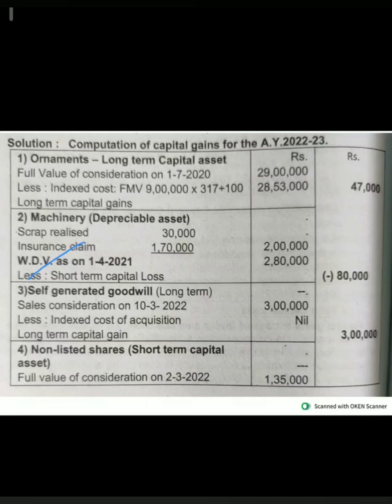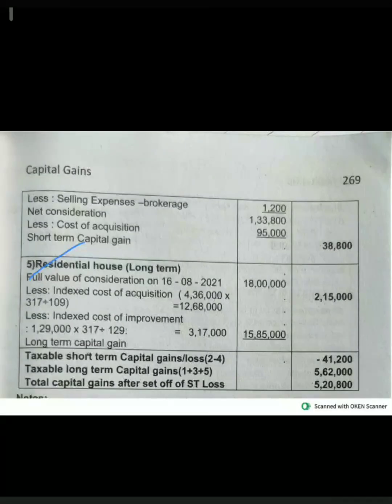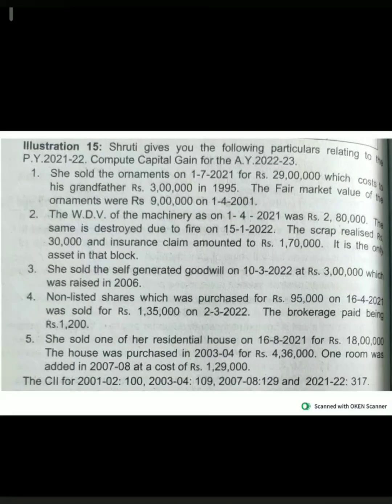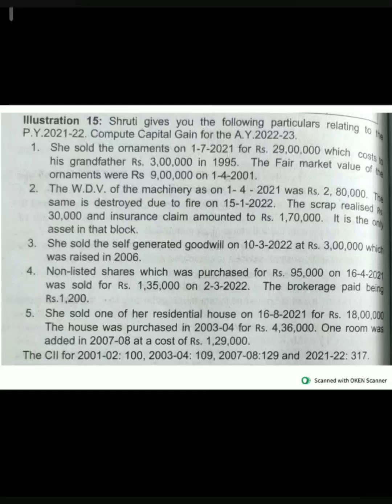Full value of consideration 1,35,000 less brokerage, selling expenses 1,200, net consideration 1,33,800, less cost of acquisition 95,000. Since it is short-term, no need for indexation. Short-term capital gain is 38,800.